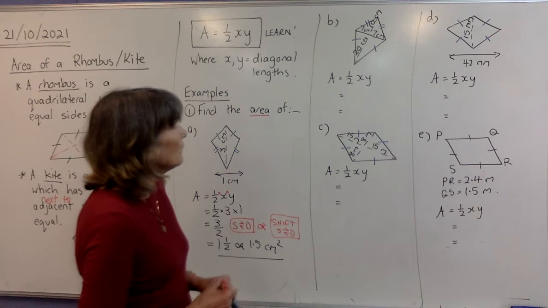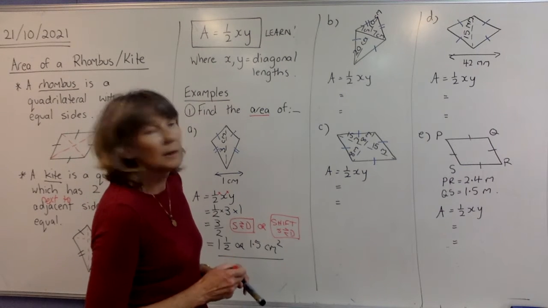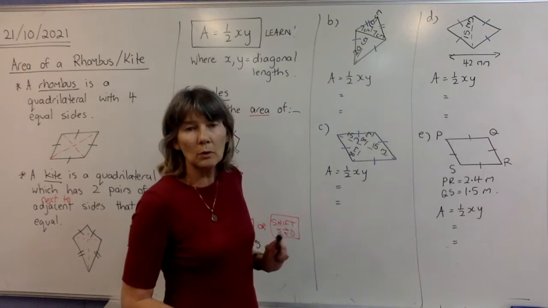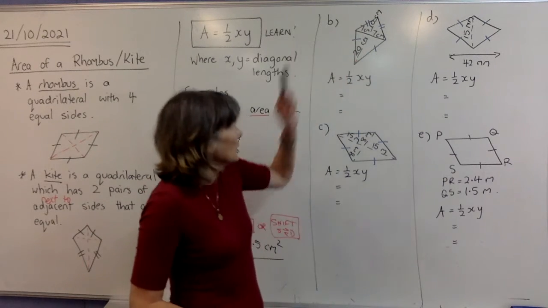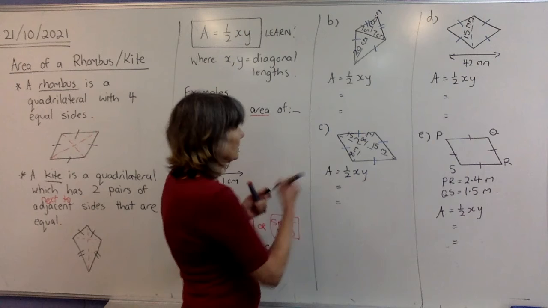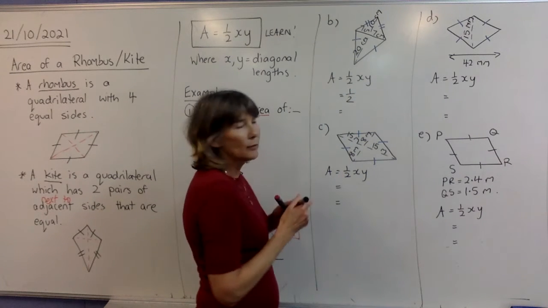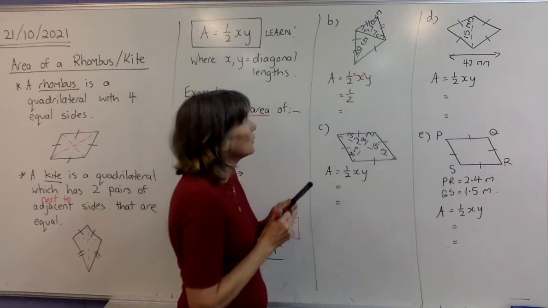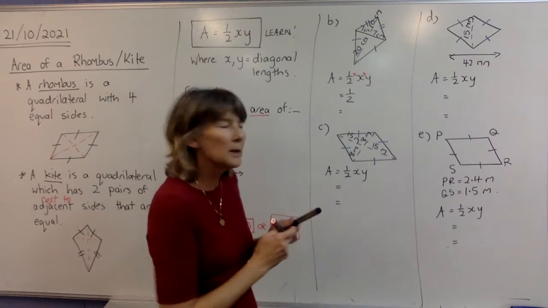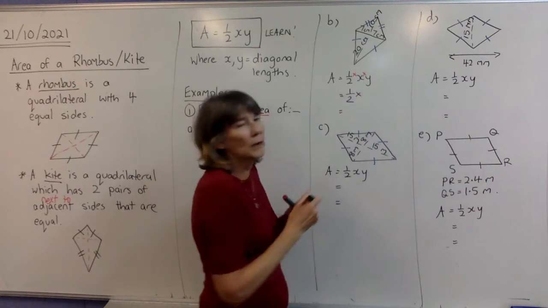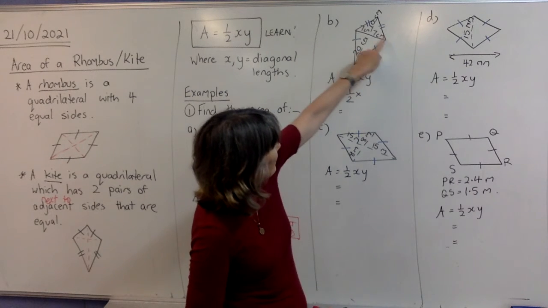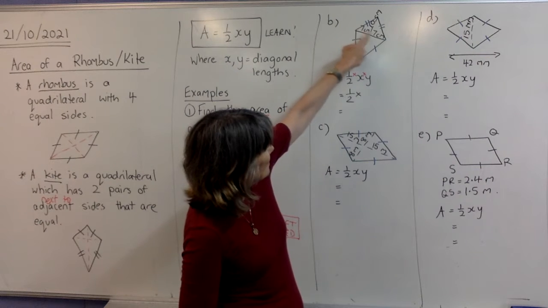Okay, so we now have a look at B. This one's another kite. We've got a pair of adjacent sides equal and another pair of adjacent sides equal. That means we have a kite. I've already written the area formula down. So now we're just going to substitute our numbers in for our diagonal lengths. Now remember you have the whole diagonal length to put in here. So this diagonal going from here to here is 7 plus 7.